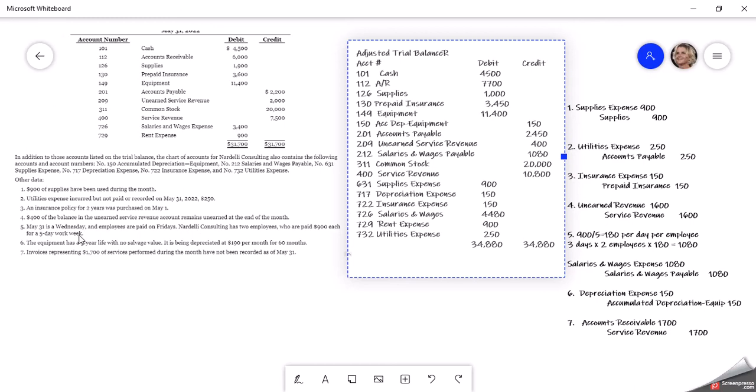So that was 180 a day times 2 times 3 days. So that's 1,080. And then the depreciation expense.